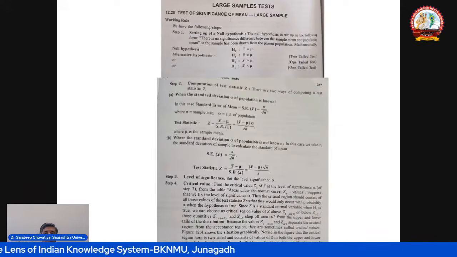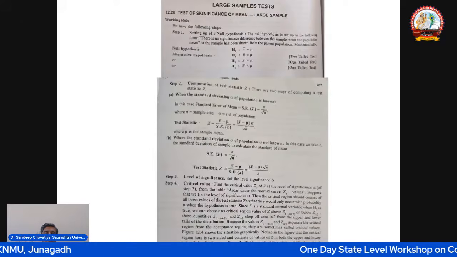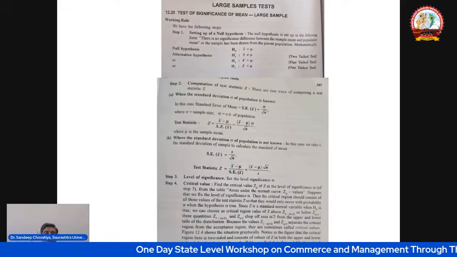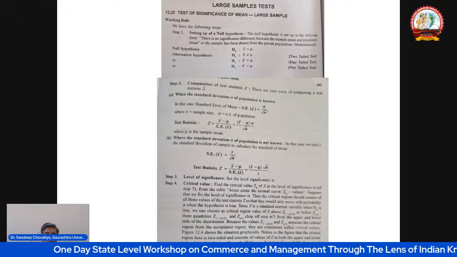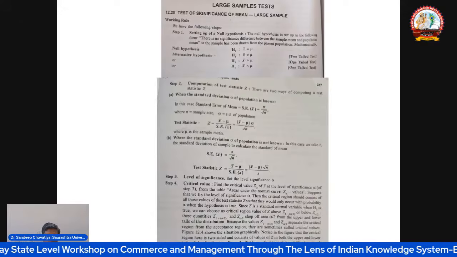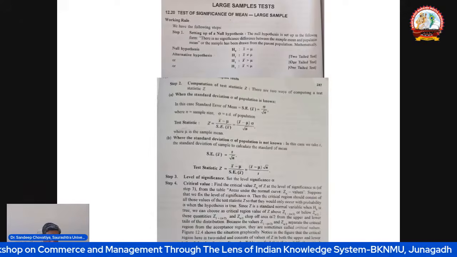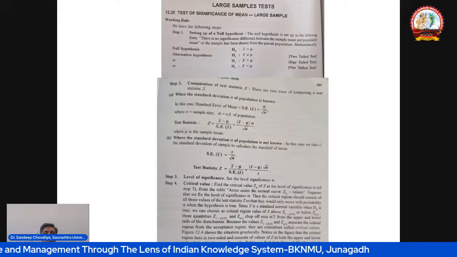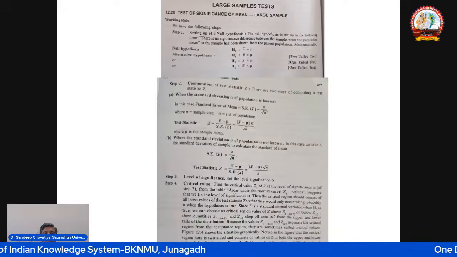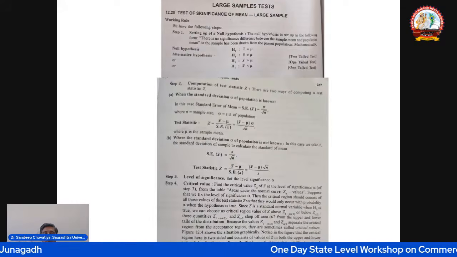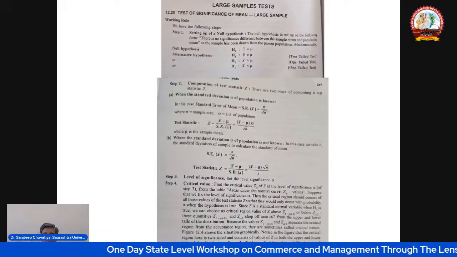We apply this formula when the population standard deviation is known to us, where n is the sample size and sigma is the standard deviation of the population. The test statistic is Z equal to the sample mean minus the population mean, divided by the standard error of the mean.